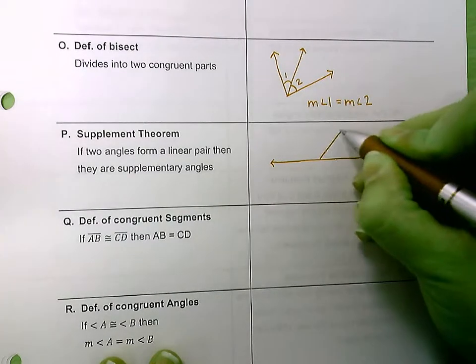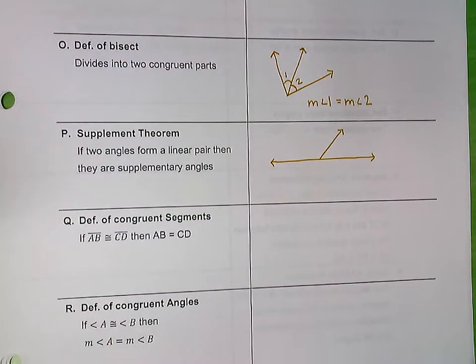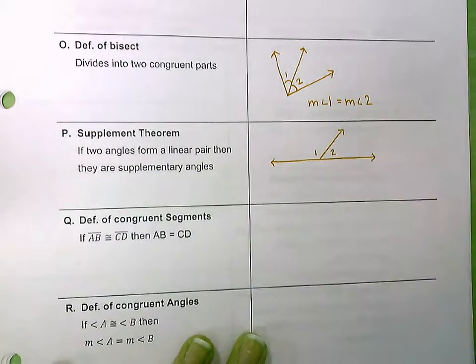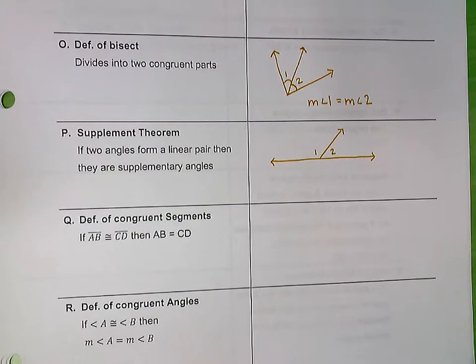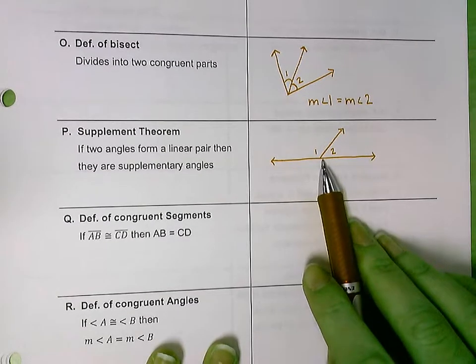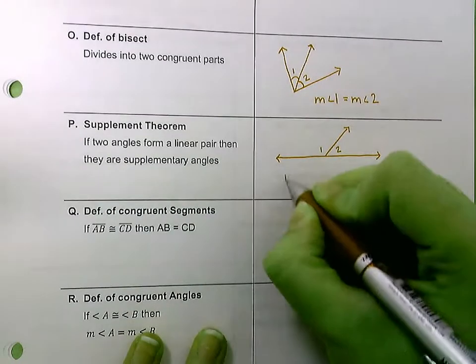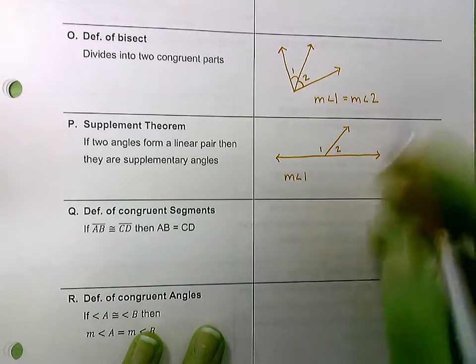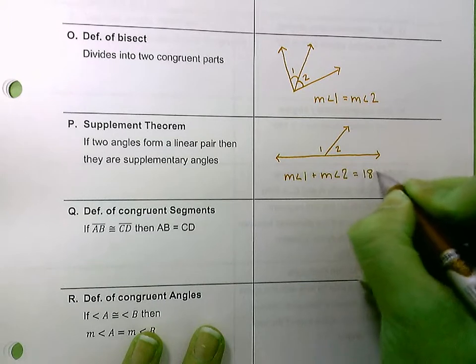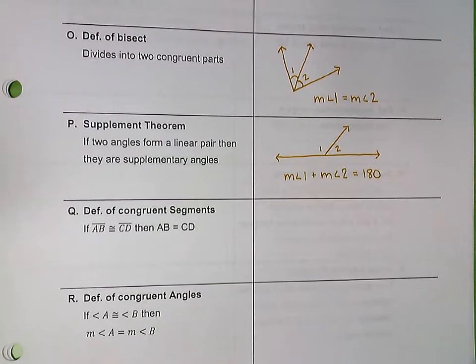If I have a ray that comes off of that line, I have two angles. I can label this angle as 1 and this angle as 2. This is a linear pair, so I can take the measure of angle 1 and add on the measure of angle 2, and it will be 180.